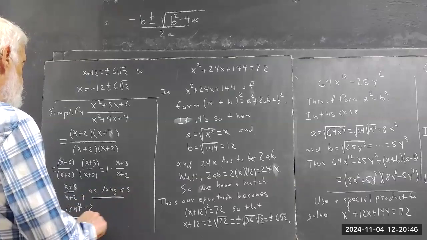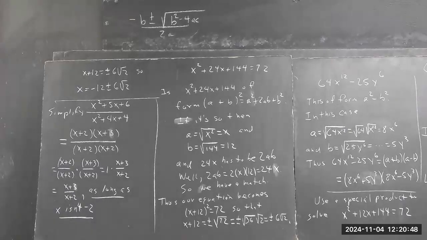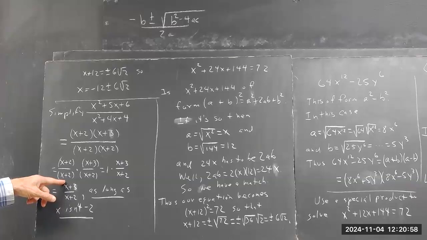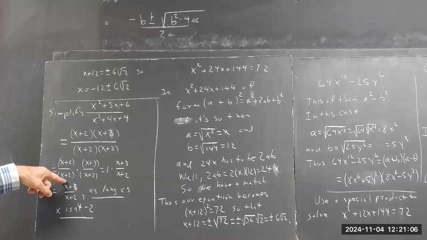As long as x isn't -2. Why do you have to say x can't be -2? Well, if x is -2, what's x plus 2? 0, right? Can you divide by 0? It's undefined. It doesn't exist.